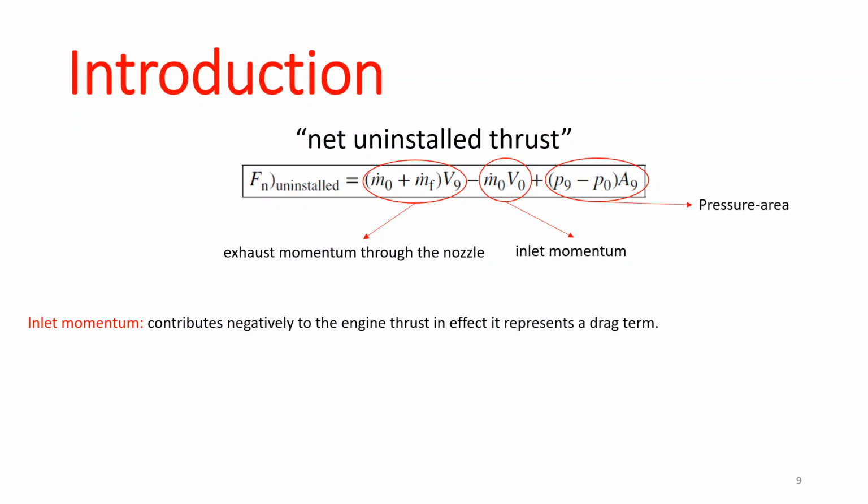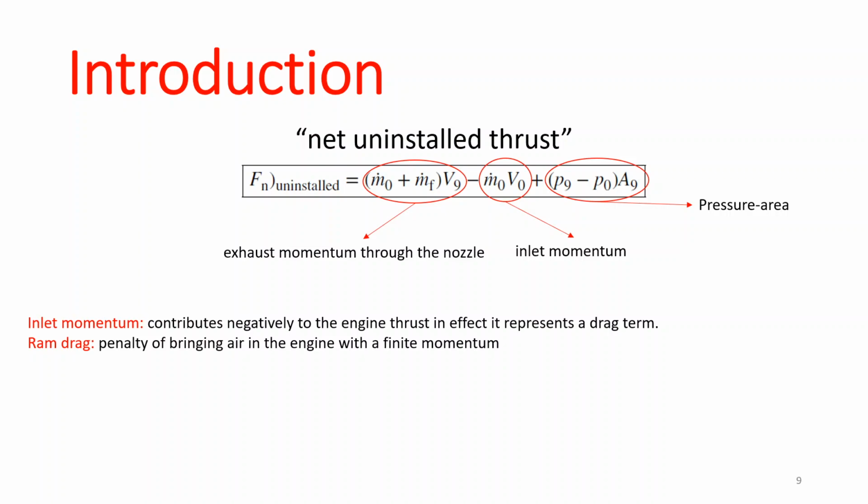So, as you can see from this equation, the inlet momentum contributes negatively to the engine thrust, which essentially means that it represents a drag term, which is called the ram drag.